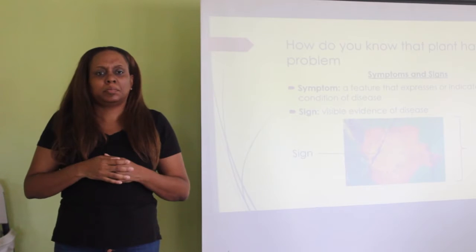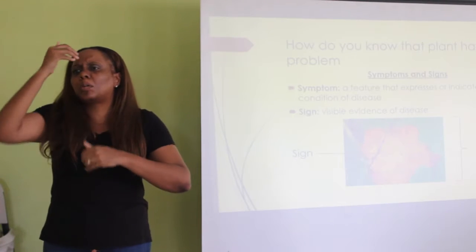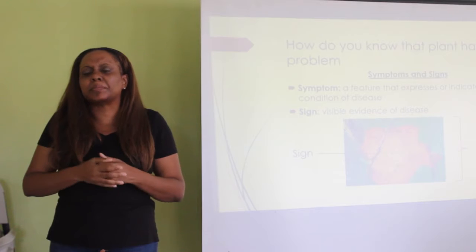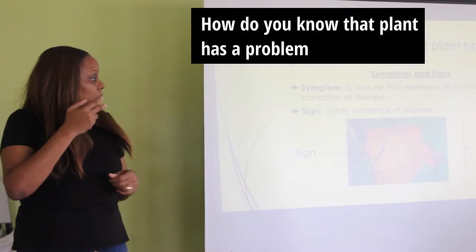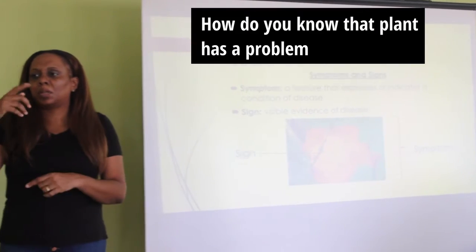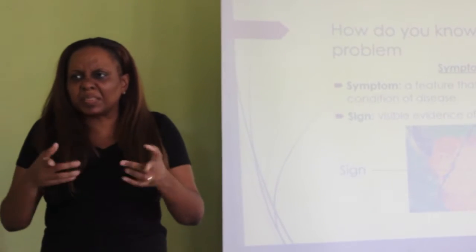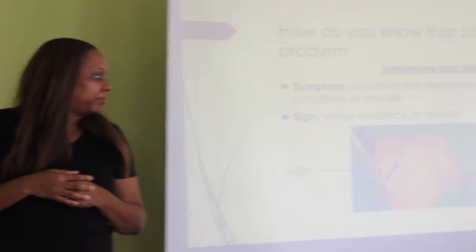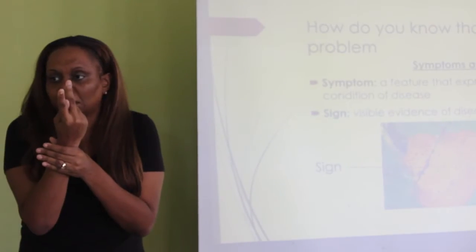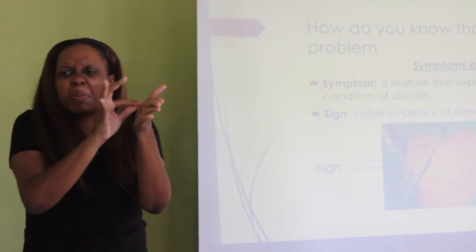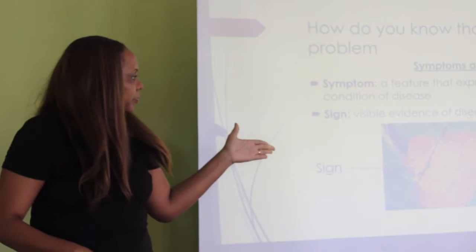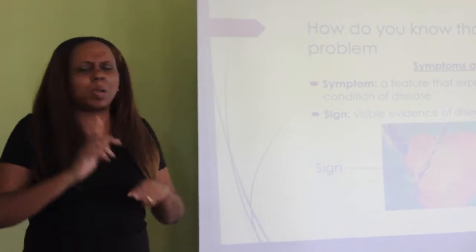And how do we know that the plants have a disease? We know by the symptoms or the signs that are seen on the plants. We know that because we would already know what our original plant should look like, so we know when it does not look as though it has the characteristics of a healthy plant. A symptom is a feature that expresses or indicates a condition of the disease.